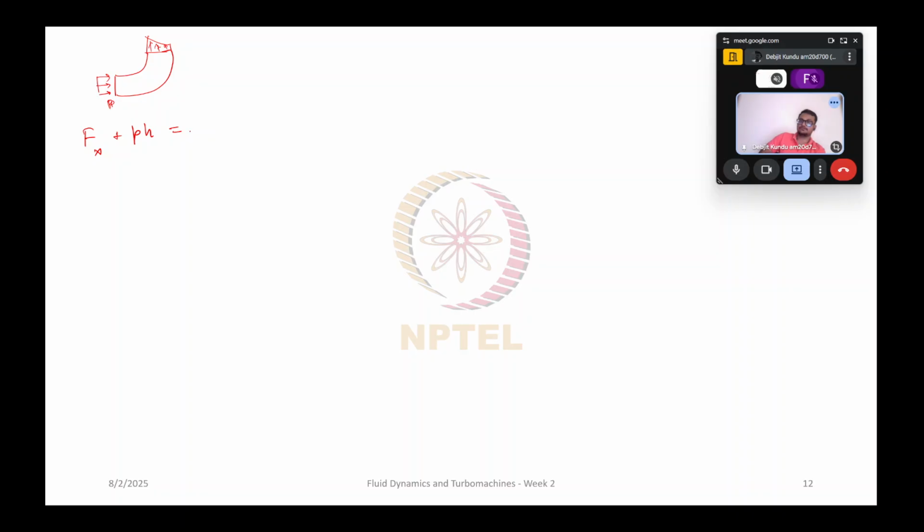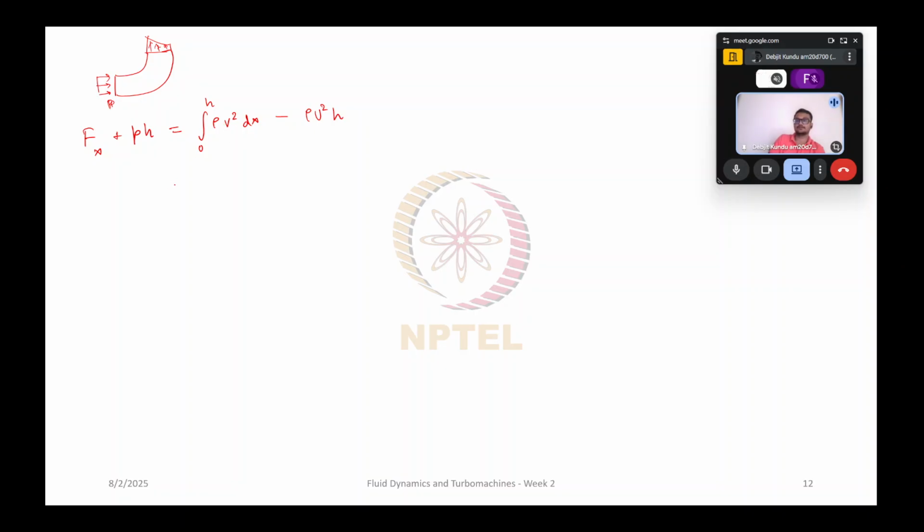This should be equal to the net difference between the linear momentums coming in and going out. So momentum going out has to be integrated. That is rho v square into dx. X goes from 0 to h, and whatever comes in is simply rho u square into small h.